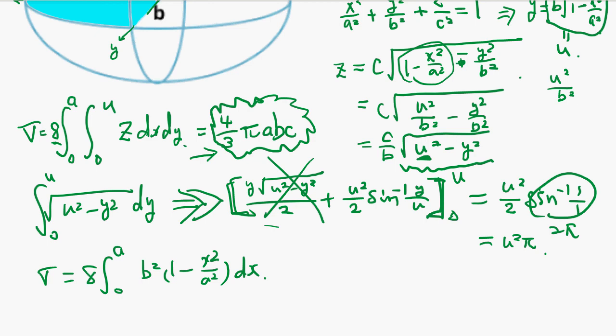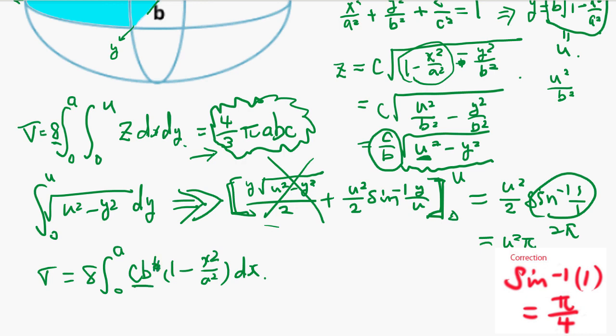Actually, don't forget this. We got c, b, c. Getting closer to the answer, right? Okay, so we have to deal with this integral from 0 to a of 1 minus x squared over a squared dx. And this is straightforward, right?